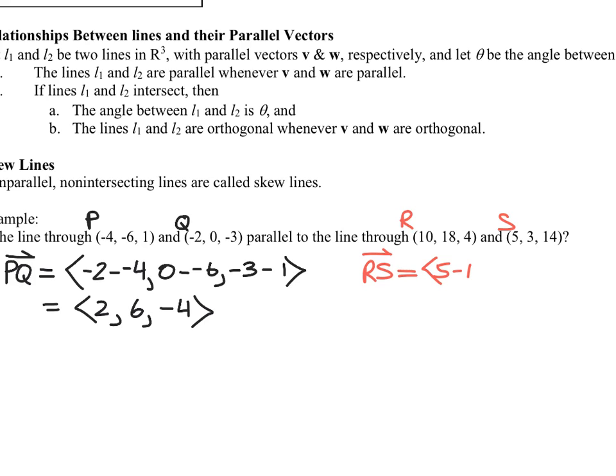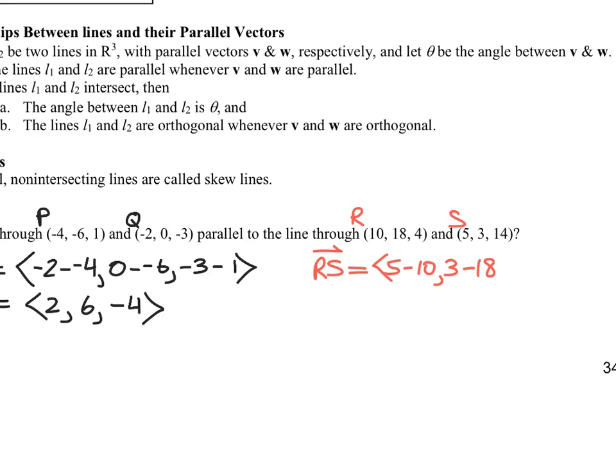So 5 minus 10, 3 minus 18, and then 14 minus 4. So we're looking at -5, we got -15, and we got, looks like a 10.